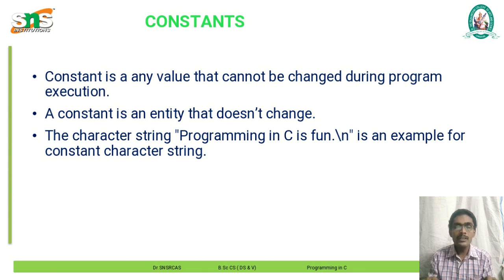A constant is any value that cannot be changed during the program execution. In C, any number, single character, or character string is known as a constant. A constant is an entity that does not change, whereas a variable is an entity that may change during the execution of the program.